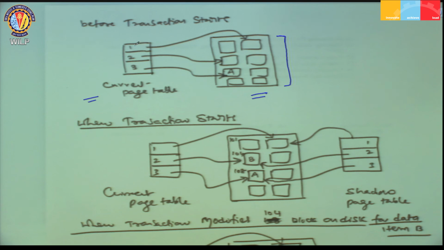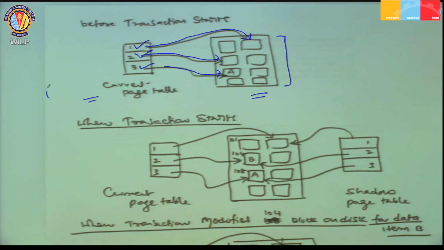This is the first page of the database, this is the second page, this is the third page, and physically on the disk they may be at different locations. In this case, the first page is this one, the second page is this one, and the third page is this one, meaning that they need not be at contiguous locations on the disk.